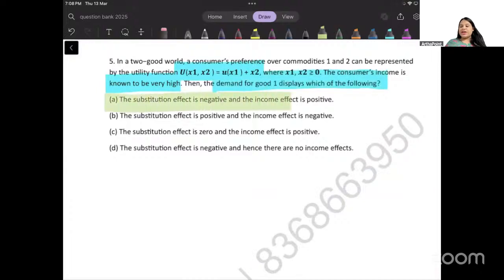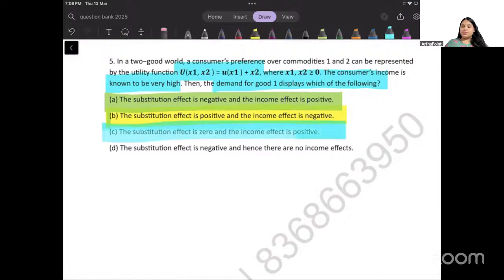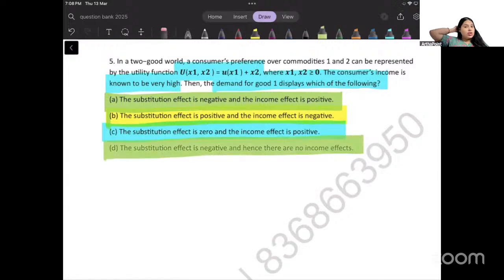Substitution effect is negative, income effect is positive. Substitution effect is positive, income effect is negative. Substitution effect is 0, income effect is positive. Substitution effect is negative and hence there is no income effect. Try to do this. करो बेटा ये क्वेश्चन. Try to answer this.